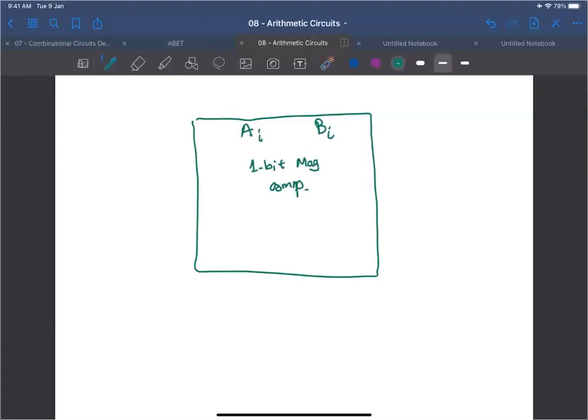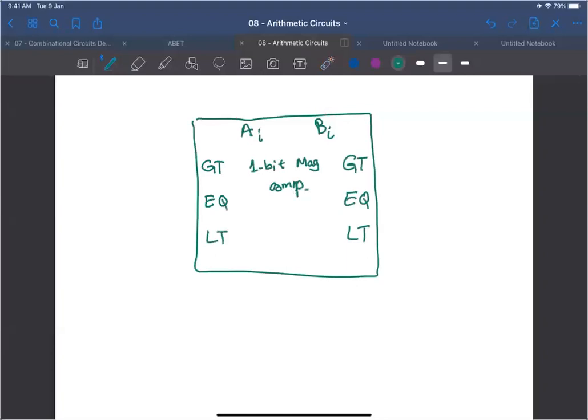We must take into account the greater than, equal, and less than coming from the previous stage. And then, only then, we can generate our outputs: greater than, equal, and less than.